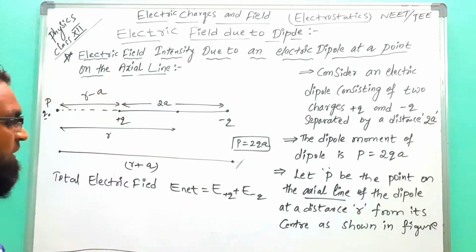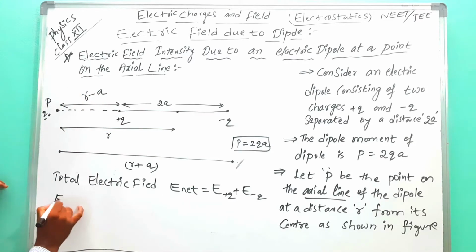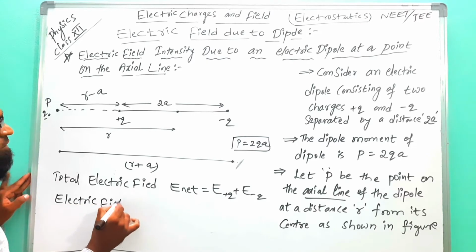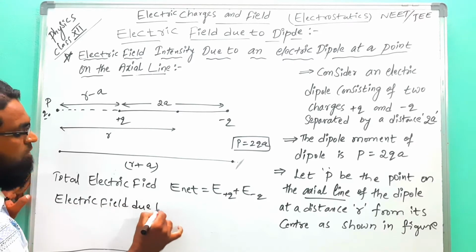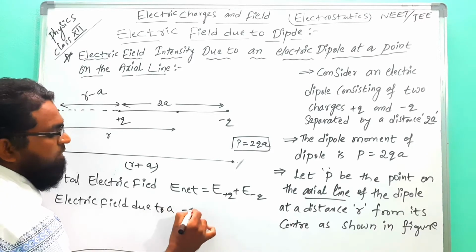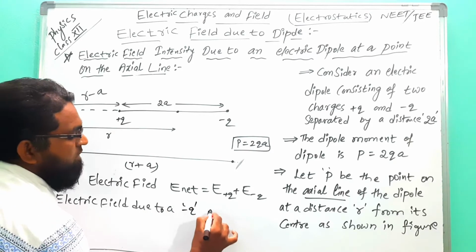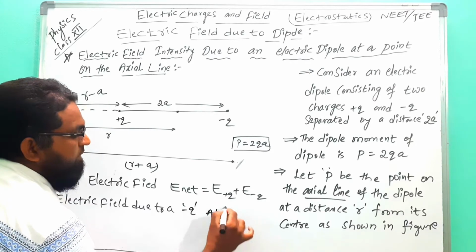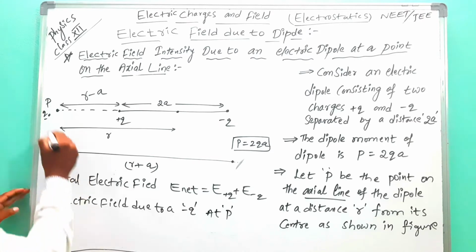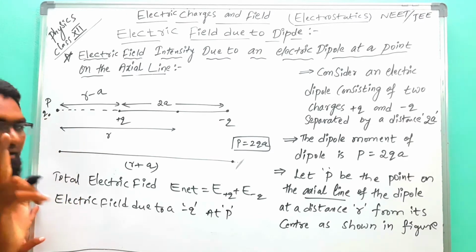So the electric field due to a negative charge at p point, means here at p point two electric fields are there.